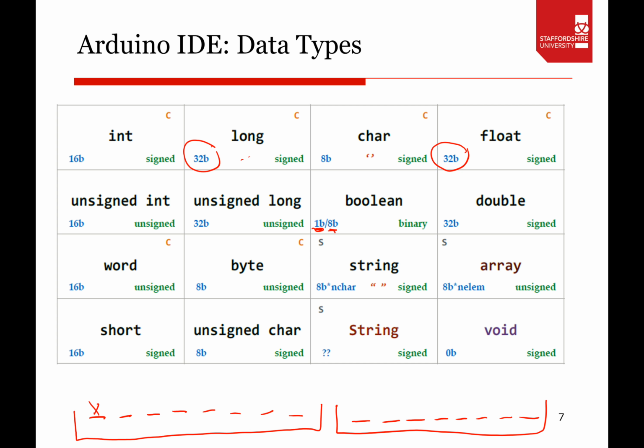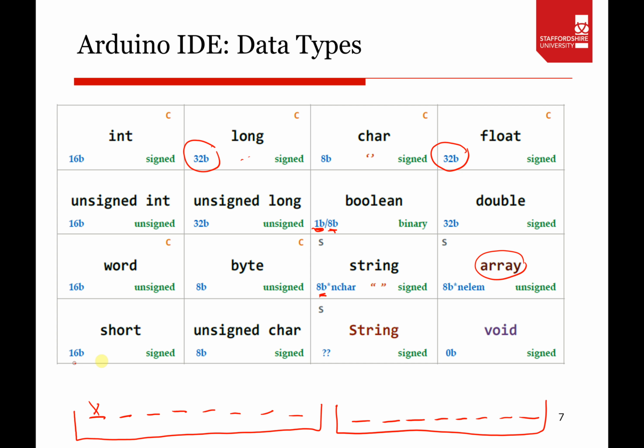Word is 16-bit, unsigned. Byte is 8 bits, unsigned. A string, char star: there's 8 bits per character, so per letter in the string. Similarly, an array is 8 bits times the number of elements in the array. We'll be looking at examples with all of these data types later on in the lecture.